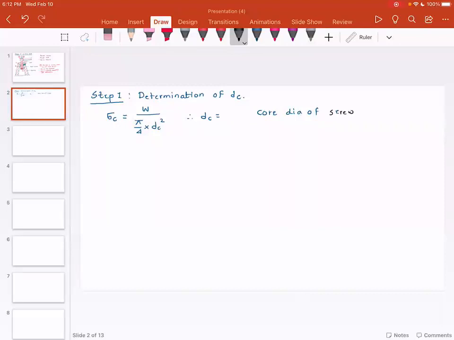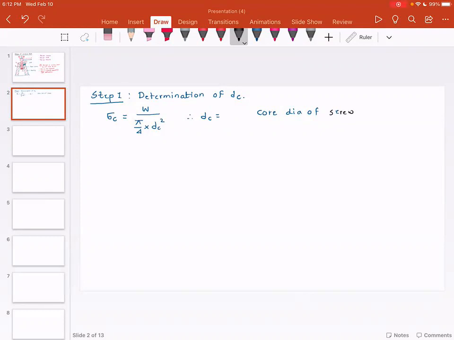And please note, this would be the same for the nut, because nut and screw have to be assembled. So they should have the same core diameter, same outer diameter, the same pitch, same type of threads, and so on.